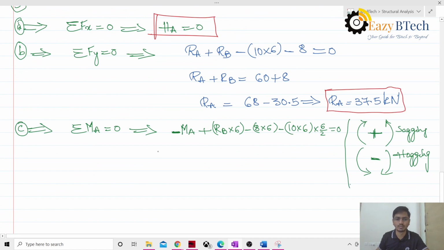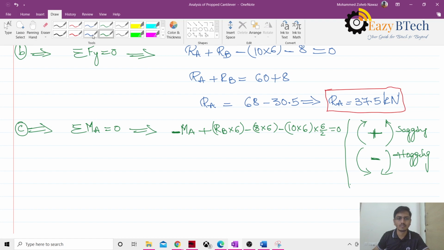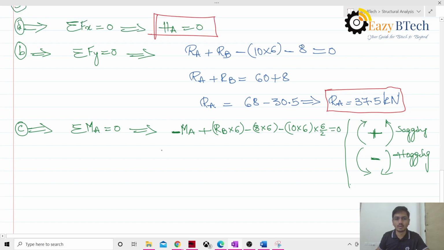Solving this, I will send the MA to the other side. So MA will be equal to RB is 30.5 into 6, minus 8 into 6 is 48, minus 10 into 6 into 6 by 2 is 180.